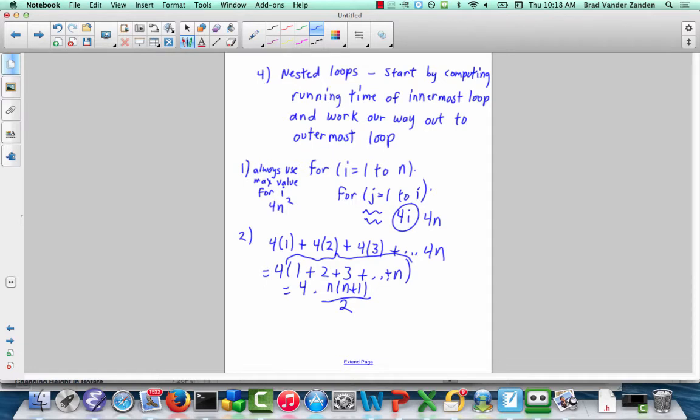Doing the cancellation here, it's really 2 times n times (n plus 1), so it's 2n squared plus 2n. So if we do it a little more closely, it's about half of what we came up with for the pessimistic one.